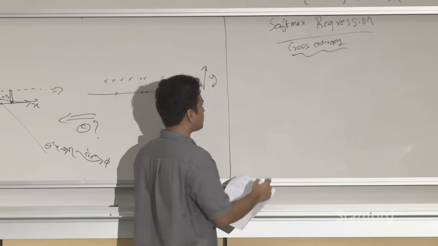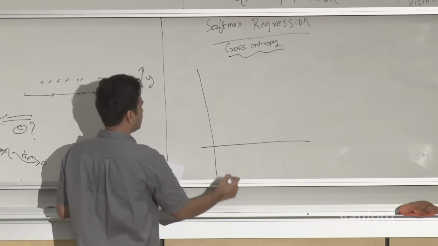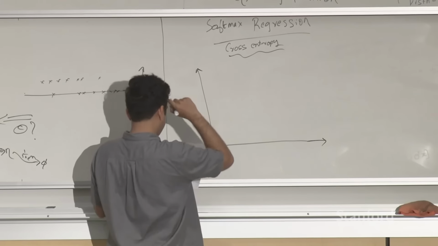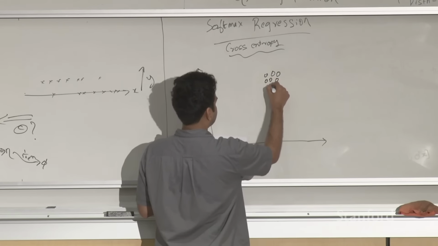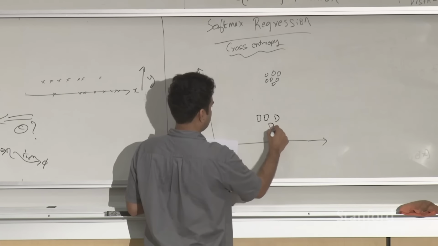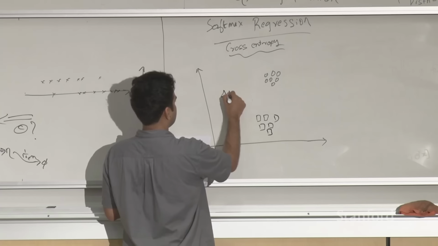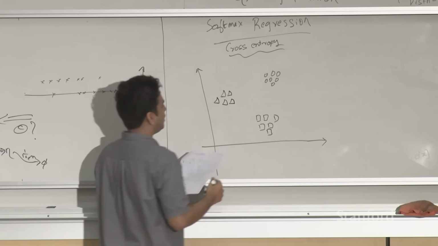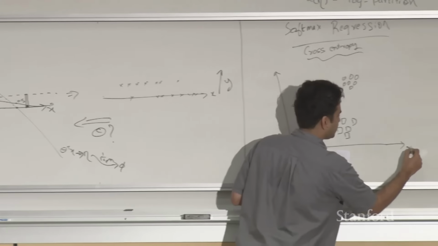So let's assume, here we are talking about multi-class classification. Let's assume we have three classes of data. Let's call them circles, squares, and say triangles. Now, this is x1 and x2.